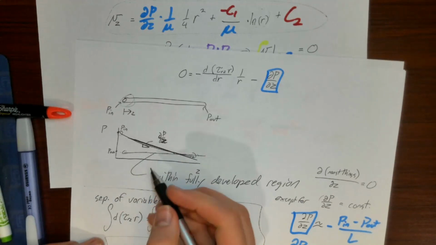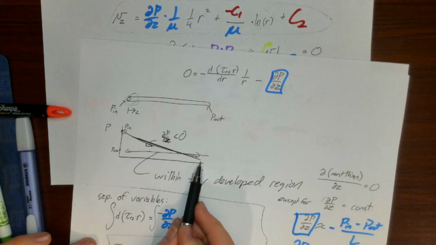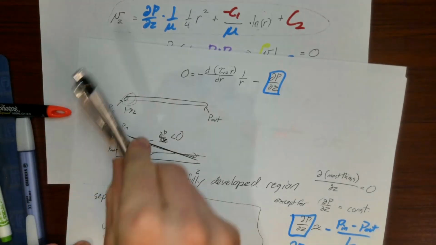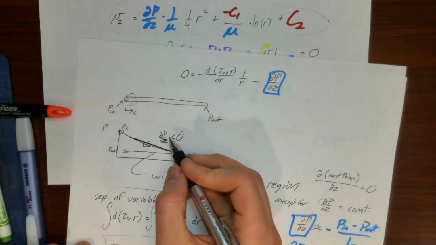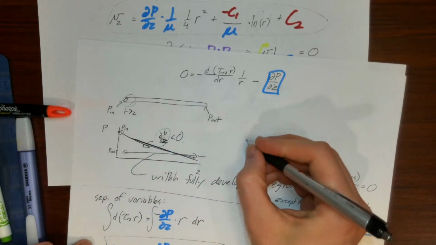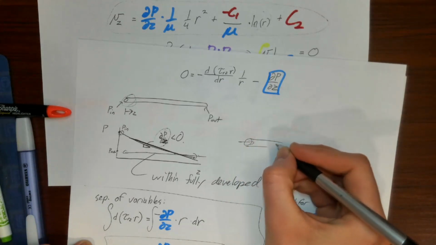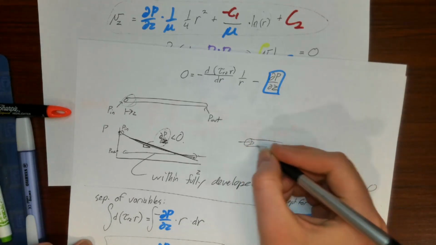dP/dz is usually less than 0. If I have a higher P in than my P out, as I go forward in z, I drop down in pressure. So usually dP/dz is negative for flows where pressure drives the velocity through the pipe.